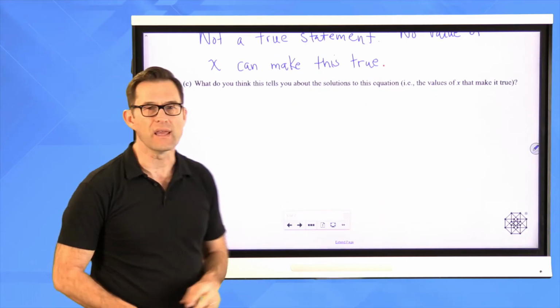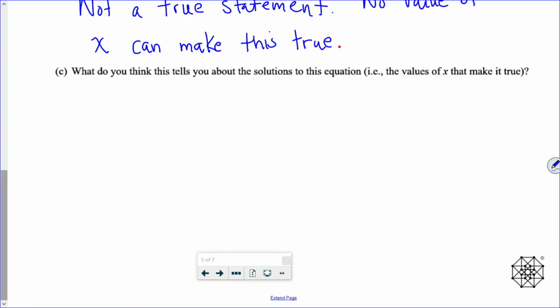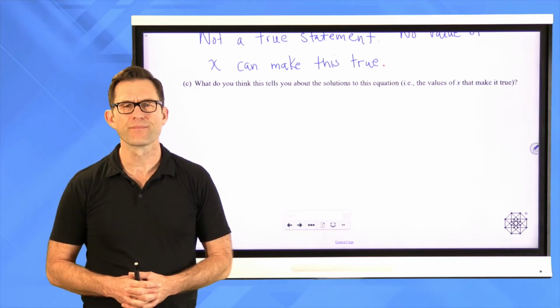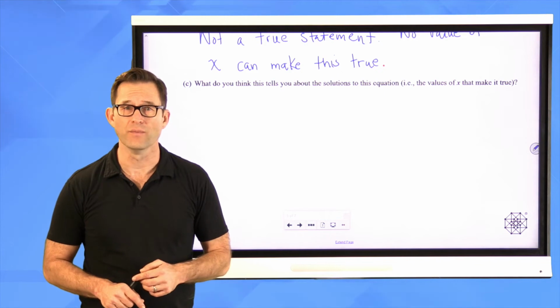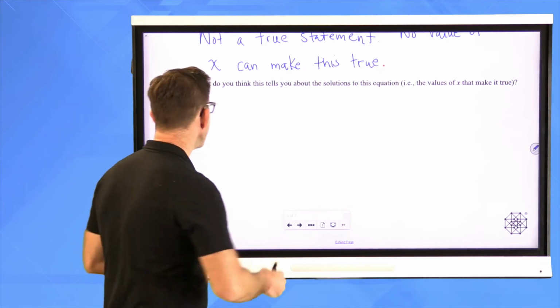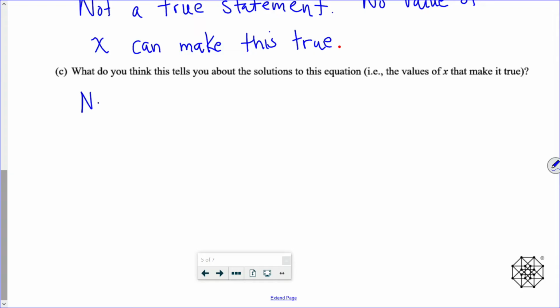So letter C, let's take a look at that. What do you think this tells you about the solutions to this equation, i.e. the values of x that make it true? Well, what it tells us is that there are no values of x that make it true. There are no solutions. No values make it true.